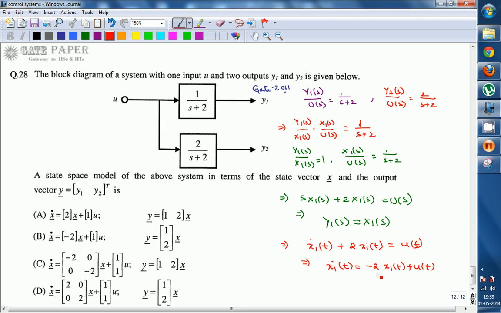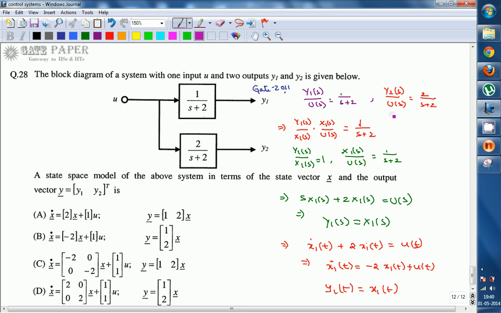This is one algebraic equation. From this we'll get the output y1 of t equals x1 of t. So we got one algebraic equation in terms of x1 dot and the one state variable x1.